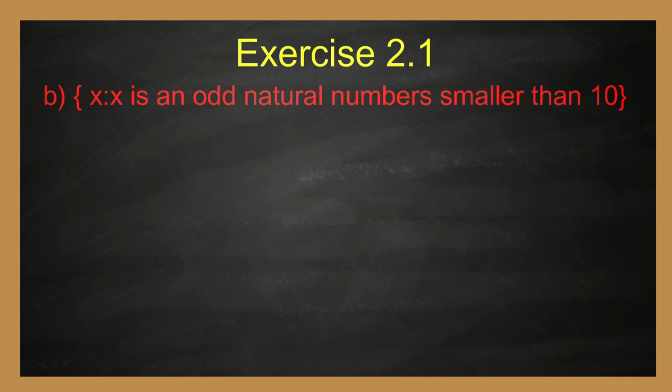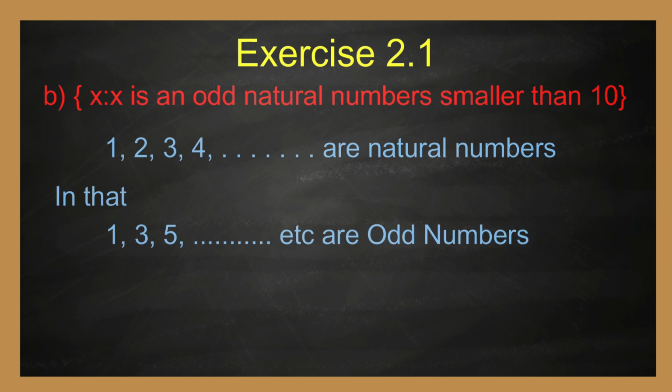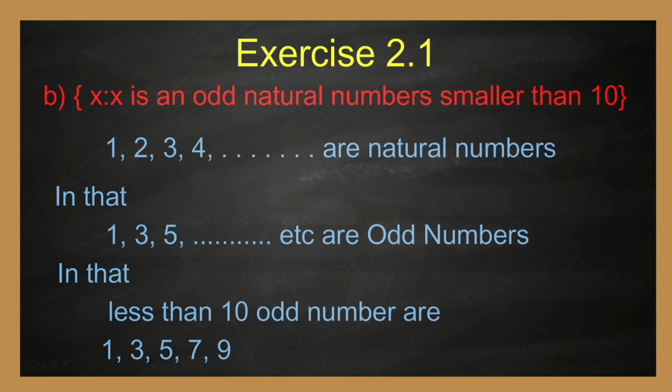B. X such that x is an odd natural number smaller than 10. 1, 2, 3, 4, etc. are natural numbers. In that, 1, 3, 5, 7, etc. are odd numbers. We need odd numbers less than 10.